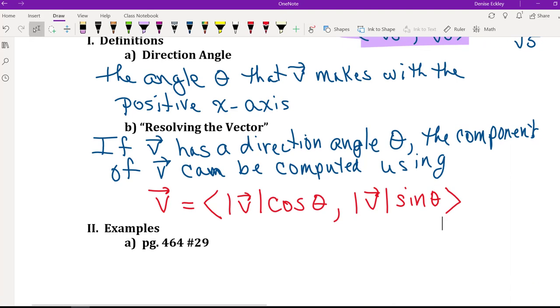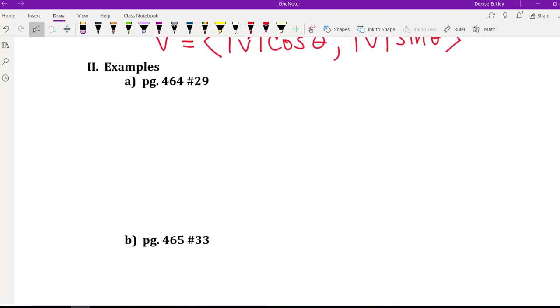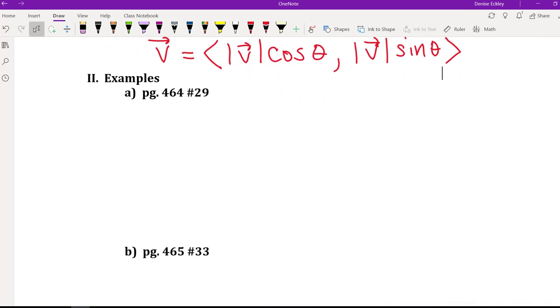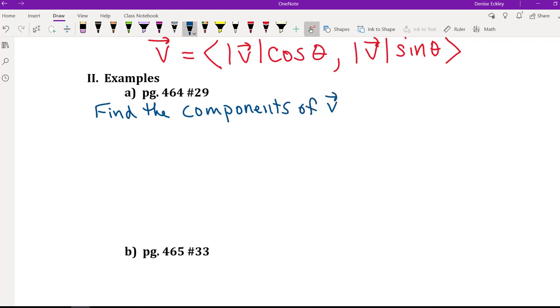So let's use that in an example. Page 464, number 29, we are asked to find the components of v from this picture.